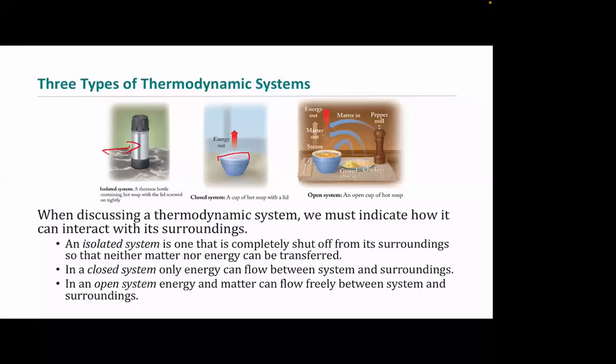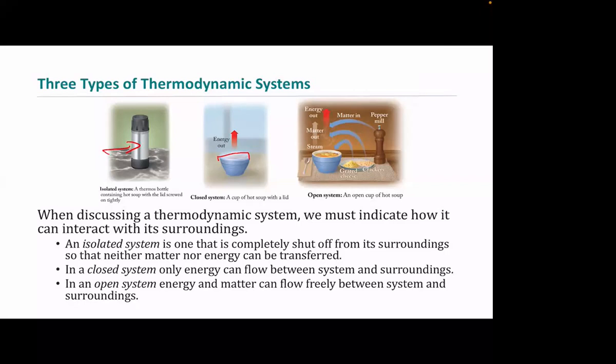There's no such thing as a truly contained system where no energy is lost. We know a thermos is going to lose heat over time. Of course, in the lab we can make something a little bit better, but we are always going to lose heat. We can't stop that from happening. We can just make super insulated systems, but we could say that's an isolated system, at least for a period of time that we might study it, in which very little energy is going to escape.